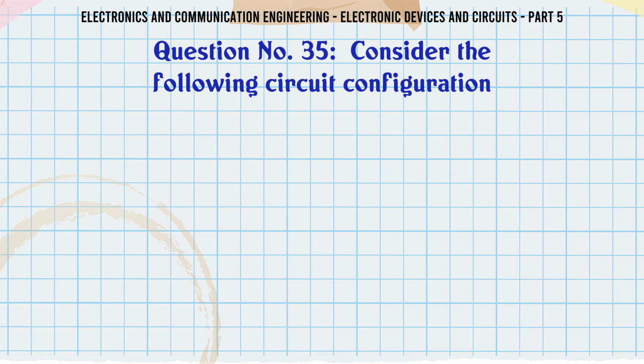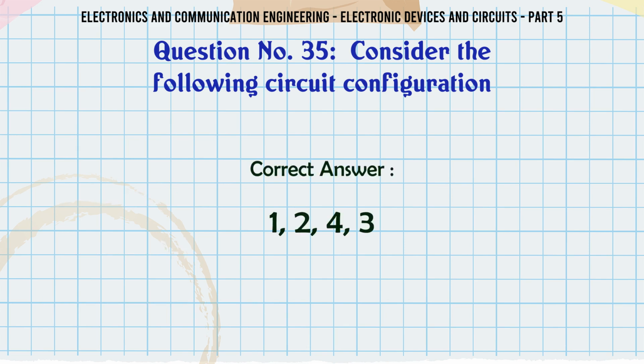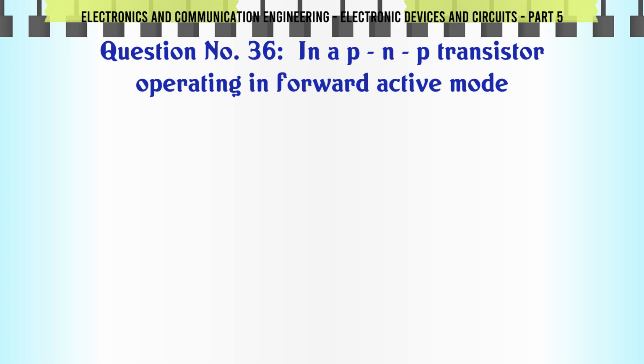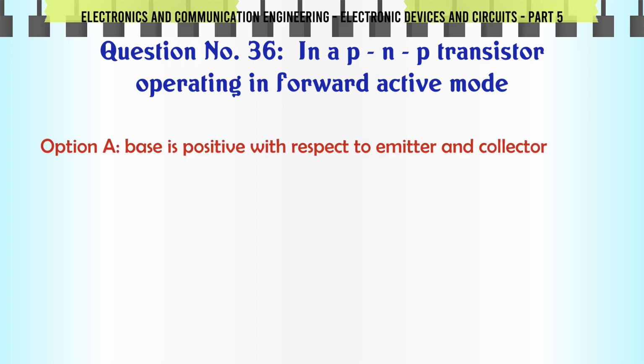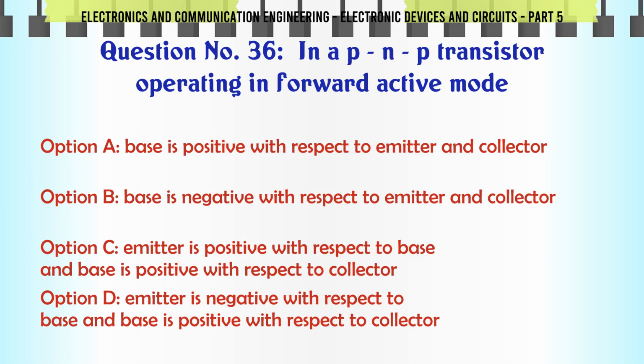Consider the following circuit configuration. A. 2143. B. 1243. C. 2134. D. 1234. The correct answer is 1243. In a PNP transistor operating in forward active mode, A. base is positive with respect to emitter and collector.